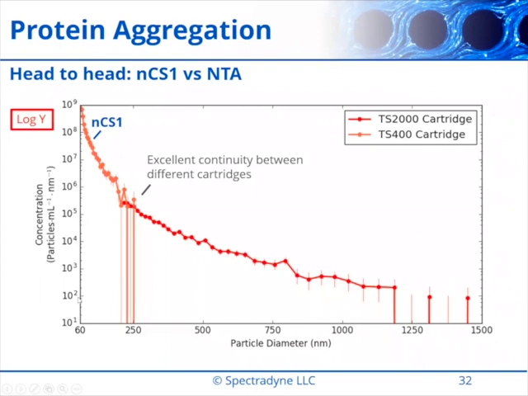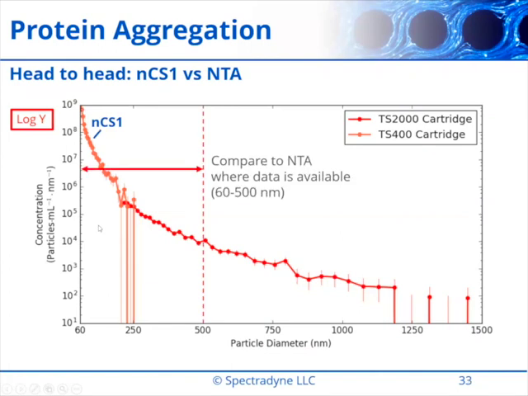So I don't know if there's any other technology that can show such a large concentration range over this pretty broad size range too. I will point out that we do often see this shape from aggregation studies. So it is useful to have this concentration range and be able to measure over this span. Okay, now let's focus on the sub 500 nanometer range.